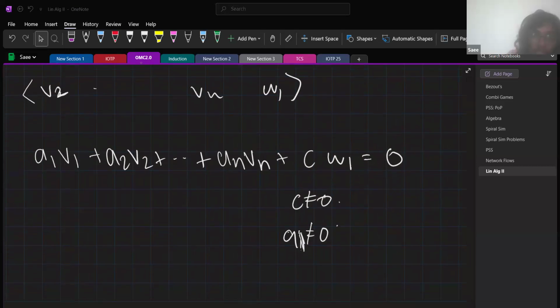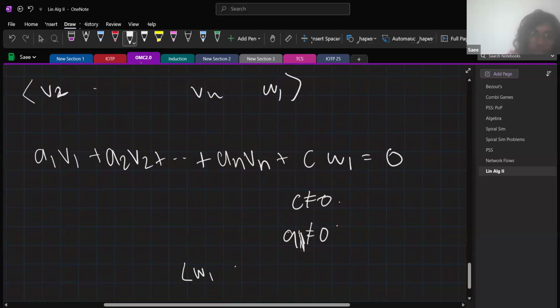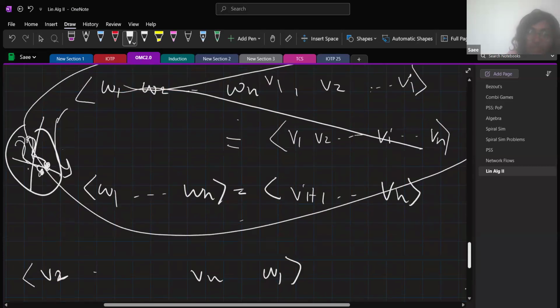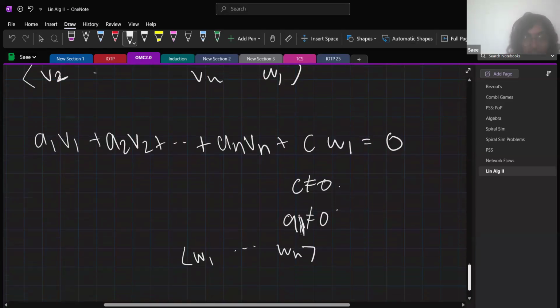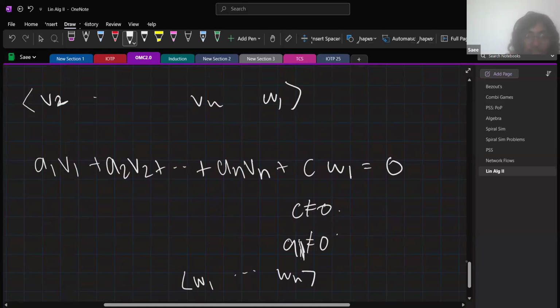And then you keep switching, and at the end you will get that W1 to Wn is spanning. But that's a contradiction because we assumed that W1 to Wm, which is a bigger set than this, is minimally spanning. This is the standard thing that I have also seen. Makes sense, yes. So the idea is to replace or switch these things.